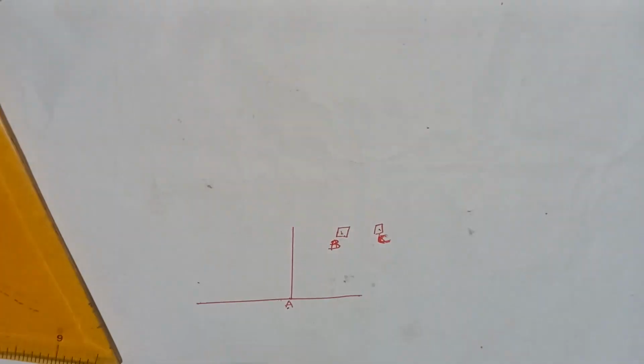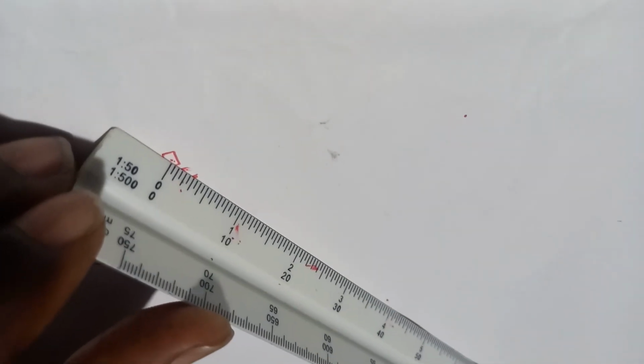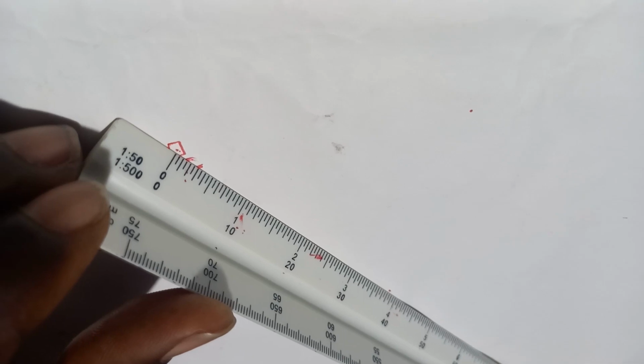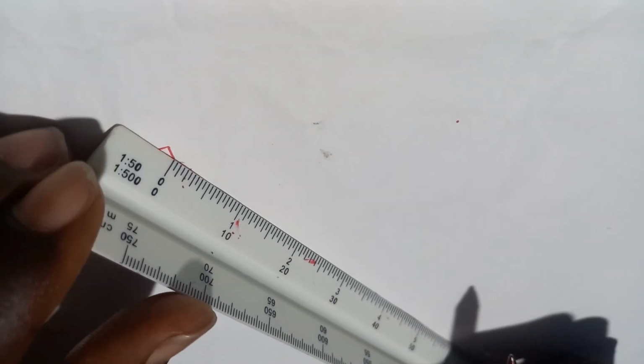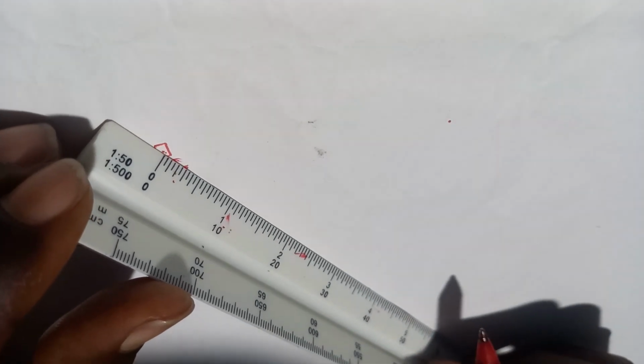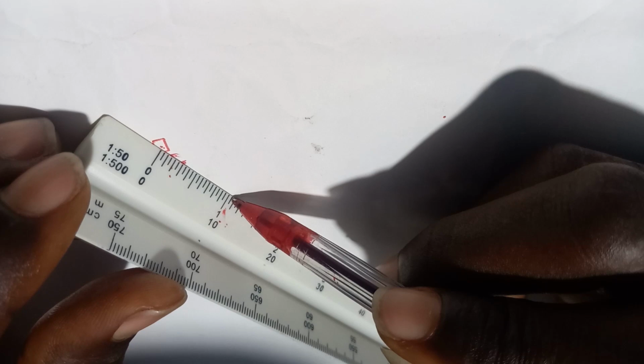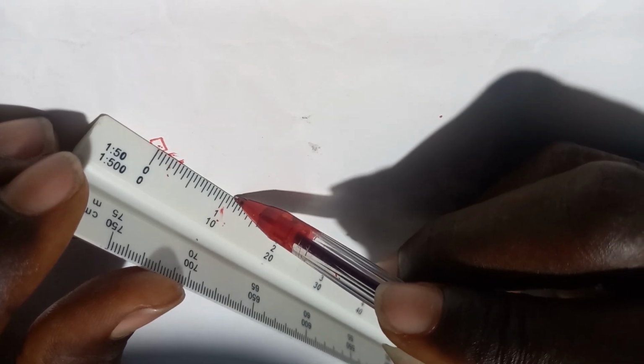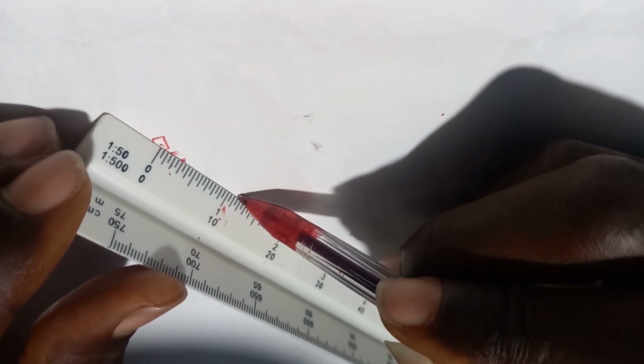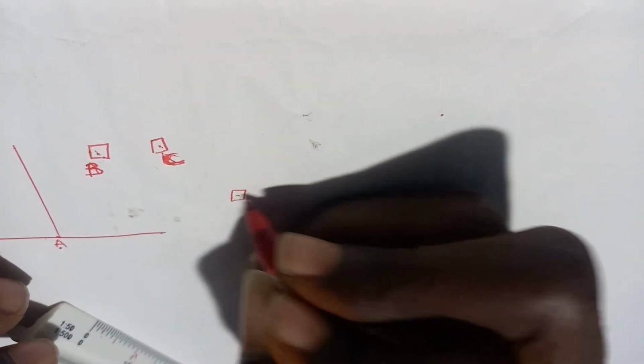So I'll bring in my scale and measure the distance, which says 11.24 meters. So this is 11.24 here, meters. So this is my point D.